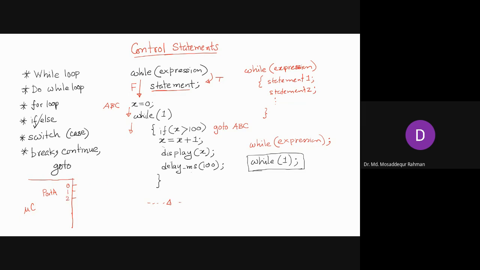Suppose at port A pin 0 a sensor is connected, and we're waiting for a signal from the sensor to take some action by the microcontroller. Whenever it gets a signal, it will execute certain instructions. Until then, it will wait for the signal from the sensor.